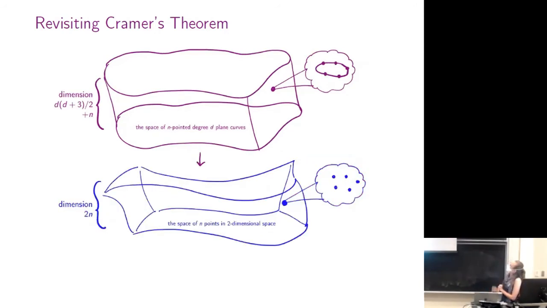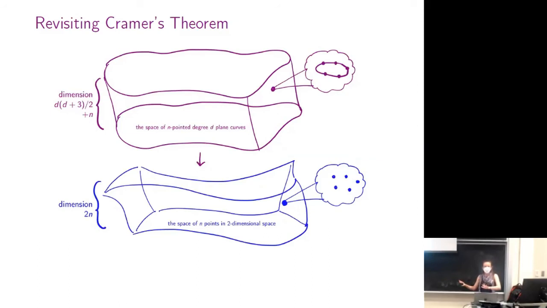Okay, so now I have another space, so the purple space is the same, nothing changed, but there's another thing I can do from an n-marked degree d curve, which is I can forget the curve and just remember the points in the plane. So I can map to this blue space, which is the possible configurations of n points in a two-dimensional space.